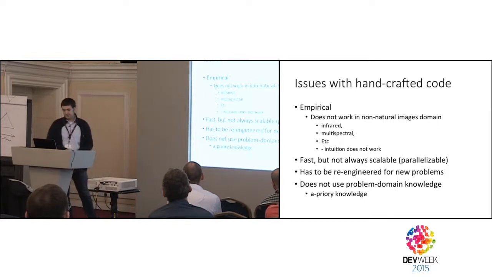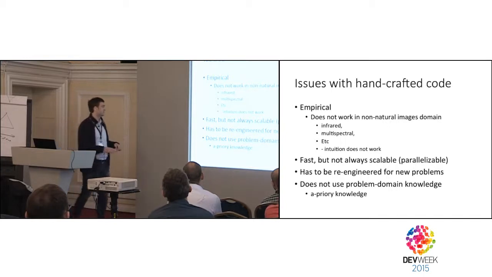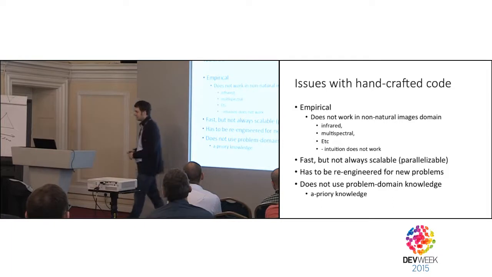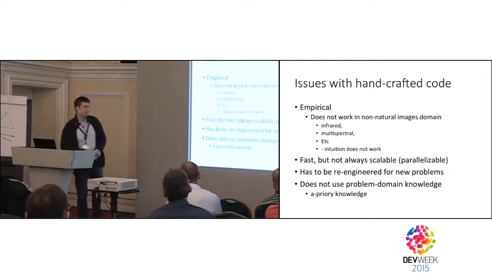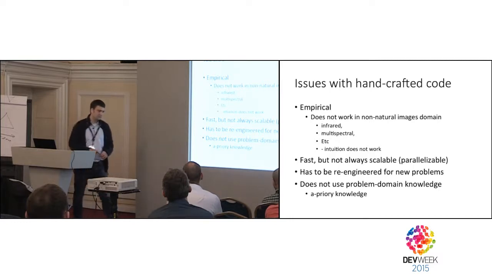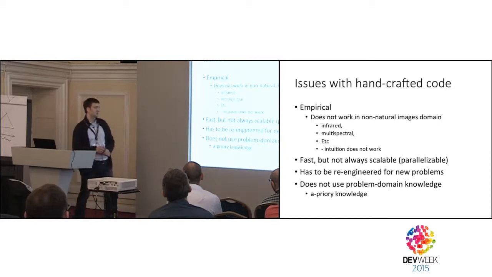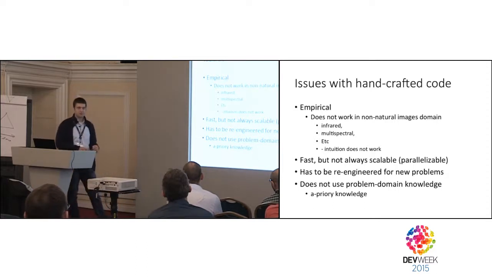The second issue is that this handcrafted code is usually sequential and not always scalable. For example, the code that detects stable blobs in the image, called MSER, maximally stable extremal regions, is based on trees.